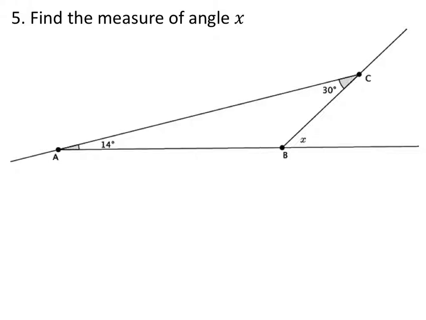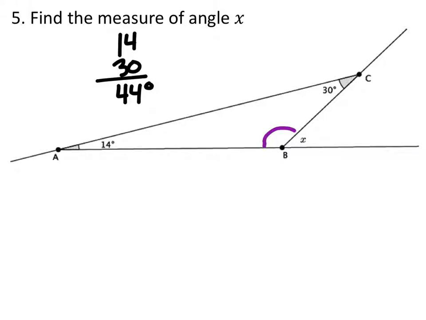Take a moment with your partner, we'll give you 1 minute, and figure out the measure of angle X. Alright, to find this angle, you would be trying to find this angle first, which is good. So we know that we have the 14 degree angle and 30 degree angle, added together is 44 degrees.